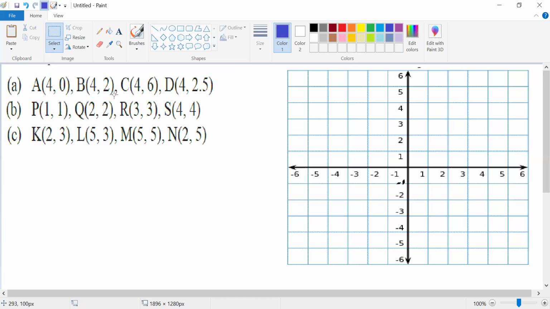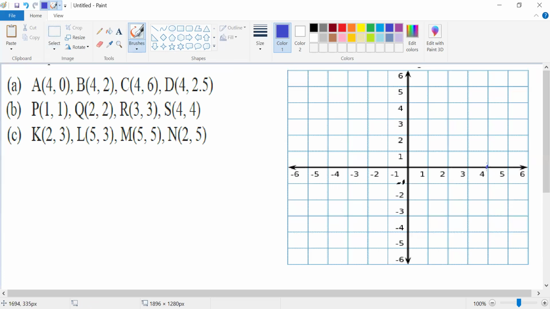So, first one, A, B, C, D. A, 4, 0. Okay, let us see. Four zero. So A 4 0 means x 4, y 0.